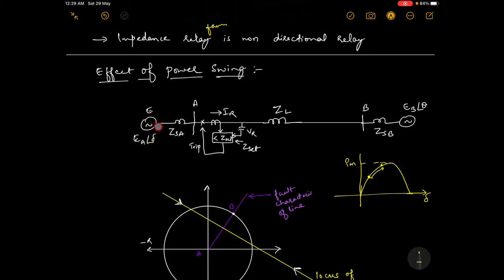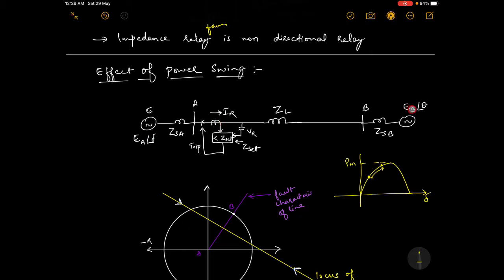During normal condition, the EA generator will be operating at delta and the EB generator will be operating at theta, correct. But when there are large power variations, these will become unstable. Once they become unstable, your relay will not operate as before.